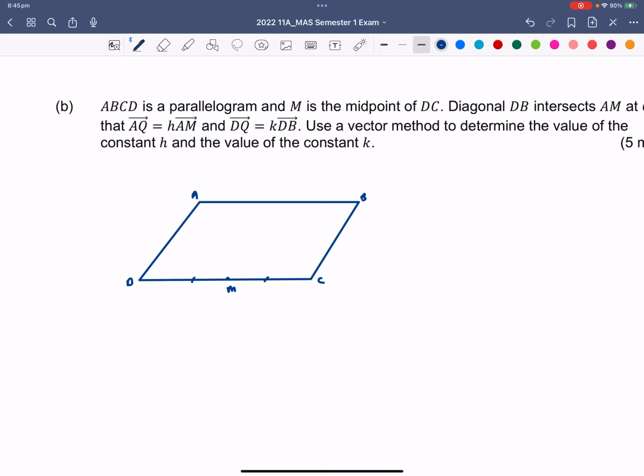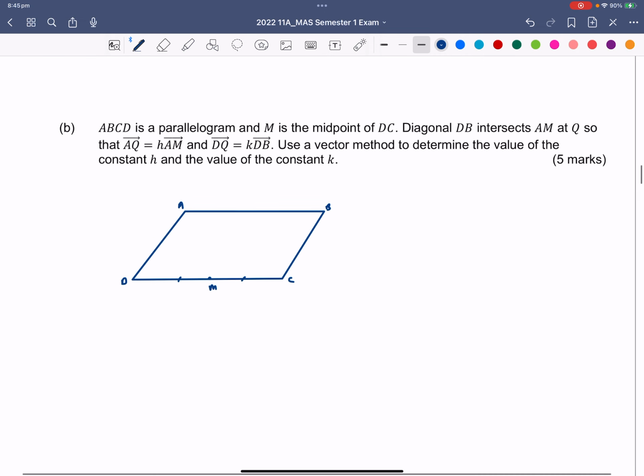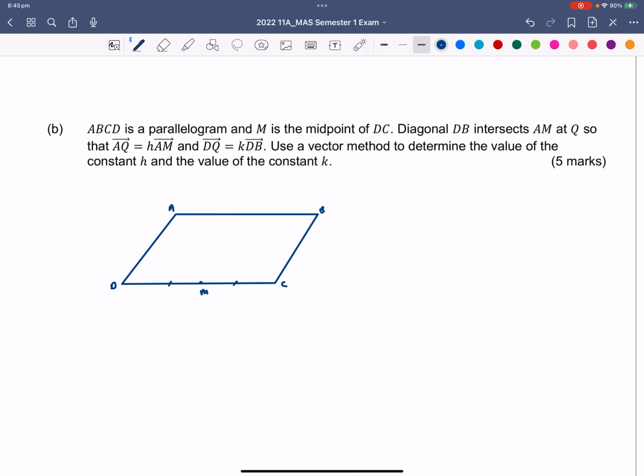Diagonal DB intersects AM. Oh, okay. Diagonal DB intersects AM. So let's just extend AM. So that's AM. Diagonal DB is this one right here.